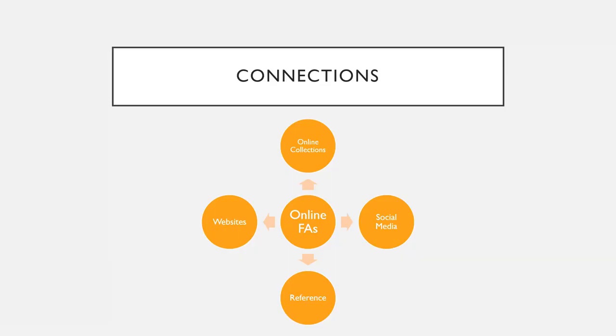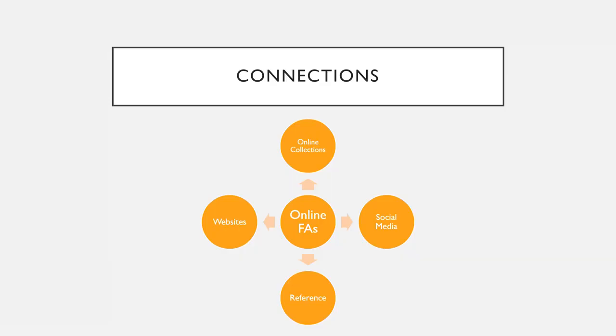Another interesting connection is the connection between online finding aids and reference. The more developed an online finding aid is, the easier that is going to make life for an archives reference staff.